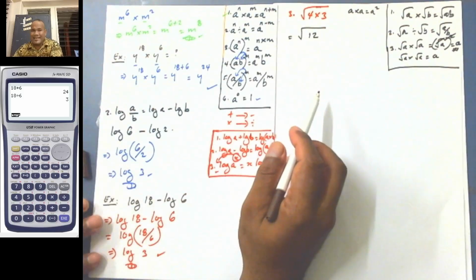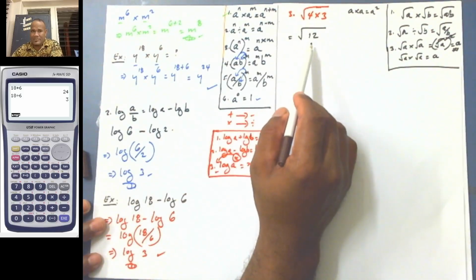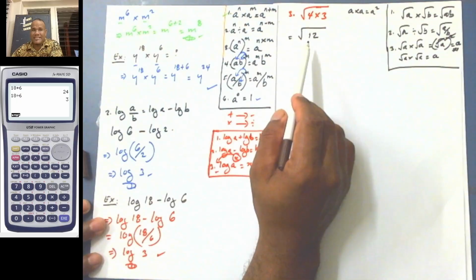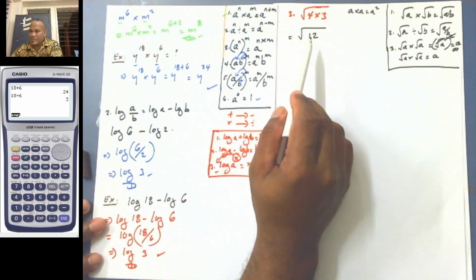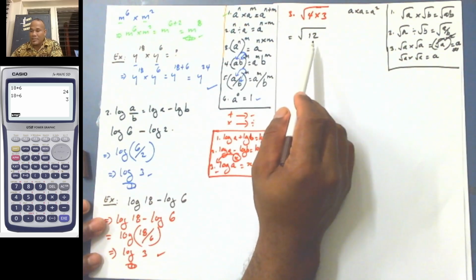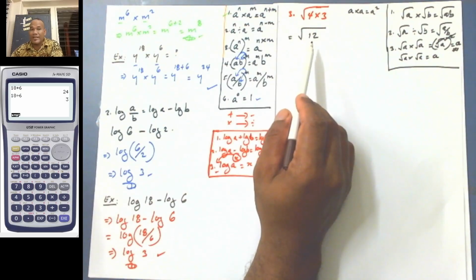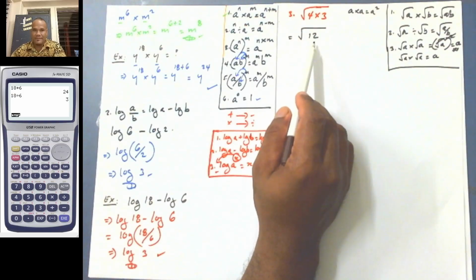Now in many exams they can ask you to find the simplified value of square root of 12. Whenever you come across this kind of question, you need to look for a square value inside 12.